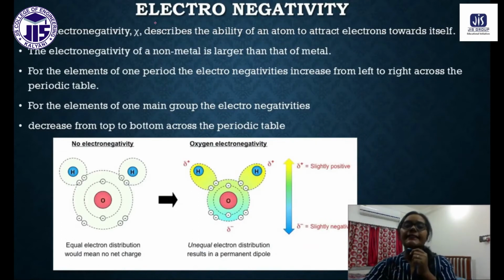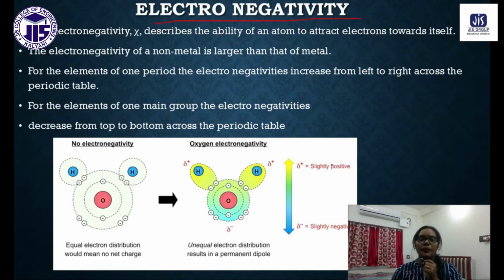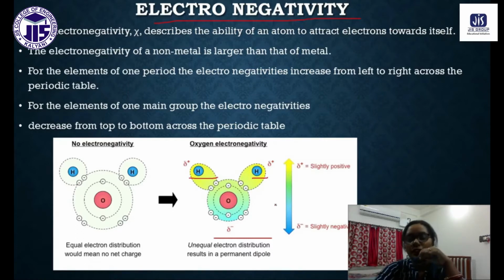Next is electronegativity. Electronegativity is a property of an element to pull the bonded electron towards itself. Like here in the water molecule, the oxygen atom is bonded with two hydrogen atoms. Among oxygen and hydrogen, oxygen is more electronegative.